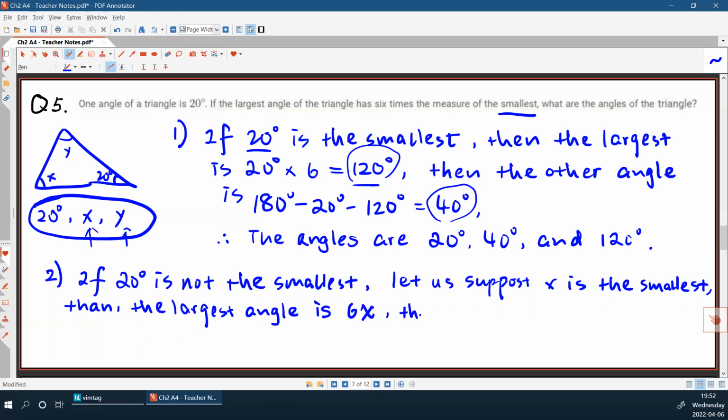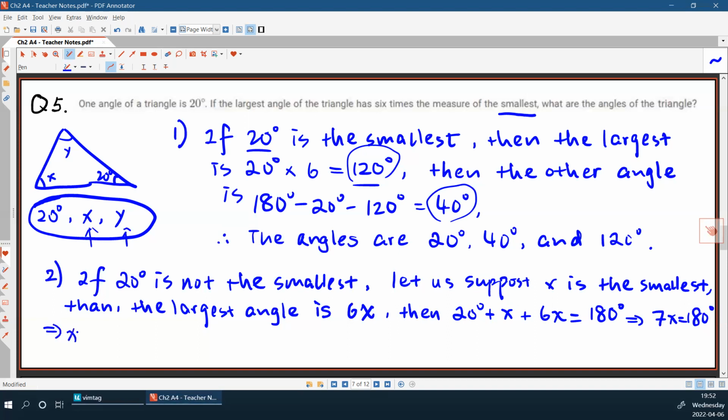Then we have 20 degrees plus the second angle x plus the third angle 6x should equal 180 degrees, right? That means 7x equals 180 degrees.